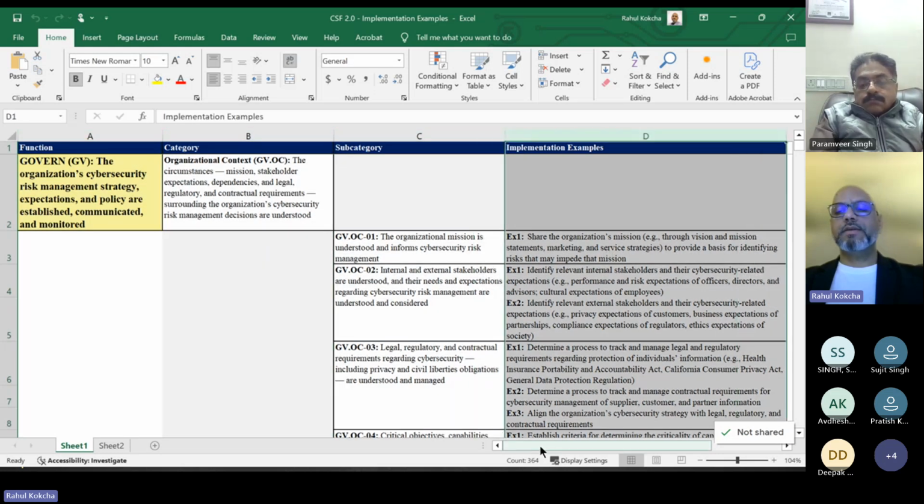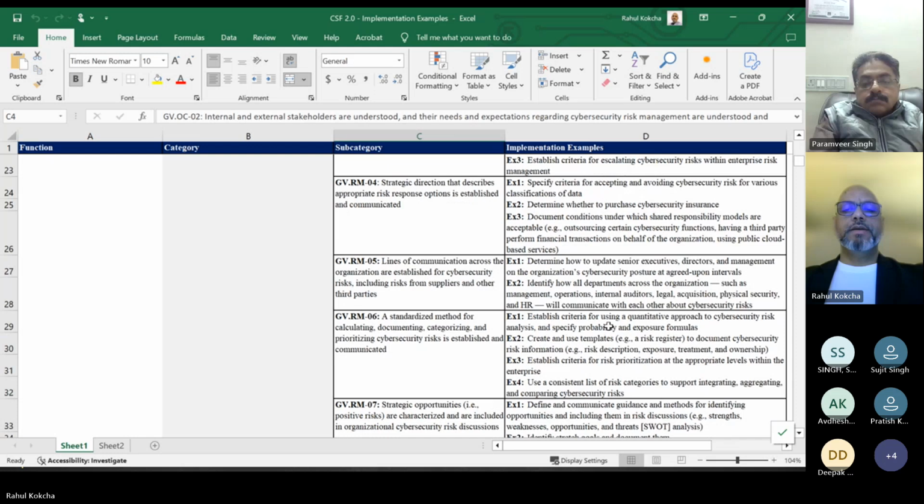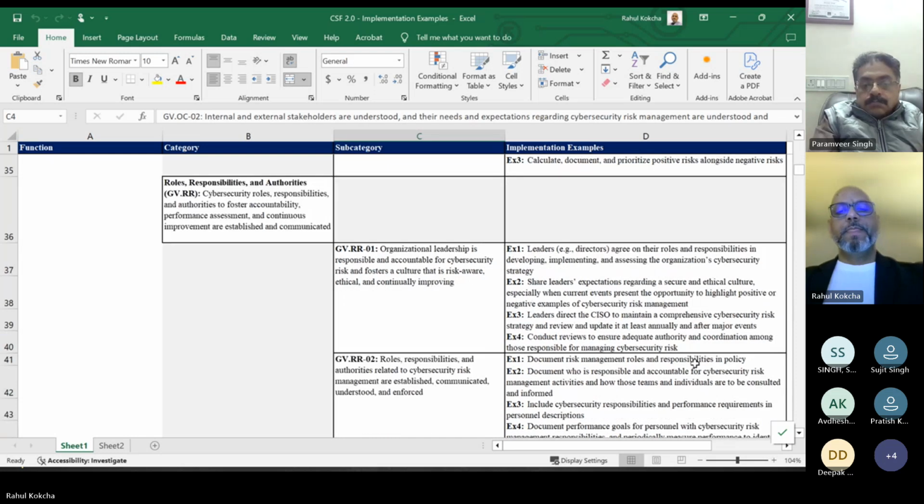These are all given with the NIST framework. I have not documented anything out of this, just representing what is available on the NIST website. So this is all what is expected from here, given in this document itself. Any questions?